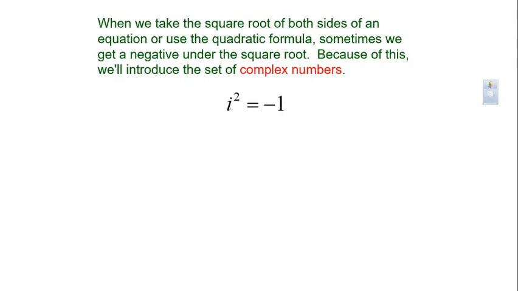A complex number is a number based on the imaginary number i, which is a number that when you square it, the answer is -1. It is often referred to as the square root of -1, but that is not quite precise. It is more properly defined as the number whose square is -1.